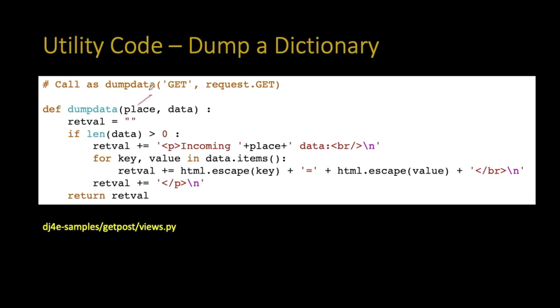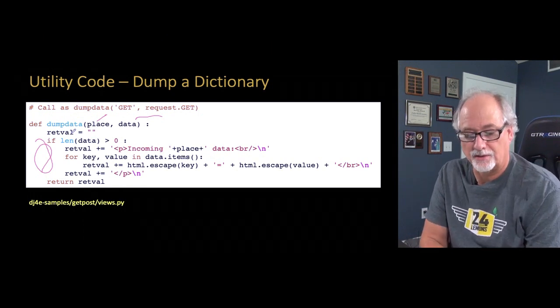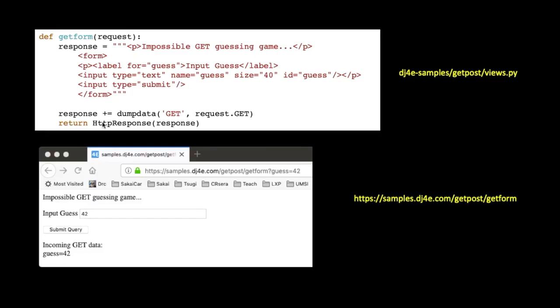I want a little label, and then a dictionary. And so I'm just going to go through all the items and call HTML escape so that we don't end up with HTML cross-site scripting injection. Just print the keys and values out and put some paragraph tags and stuff like that. So it's just a way to dump this out so I can show it to you and not put this code on every one of my slides. So just remember that that's what dump data does.